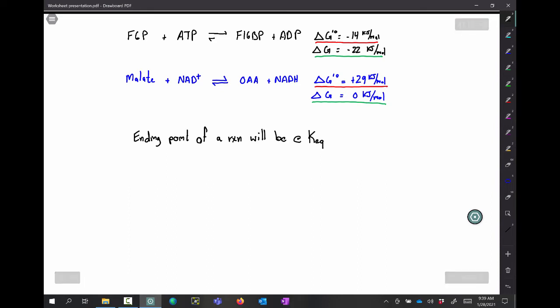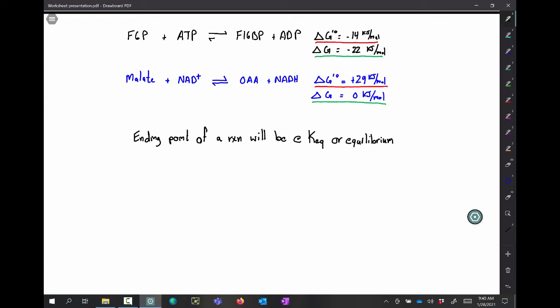And KEQ, as hopefully you remember, is the equilibrium constant. So what we could add to this sentence would be, or equilibrium. When equilibrium has been established, then we can say that the reaction has come to its ending point.